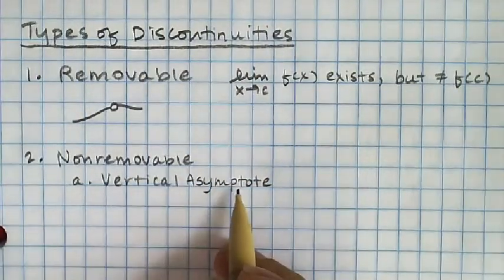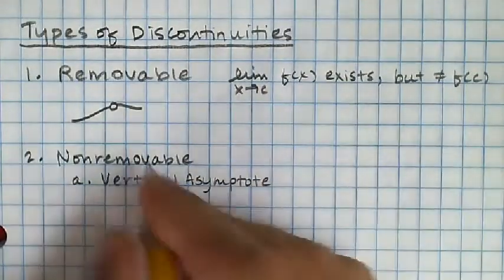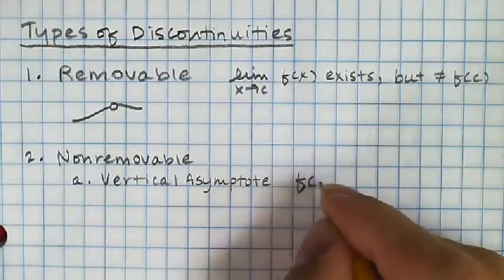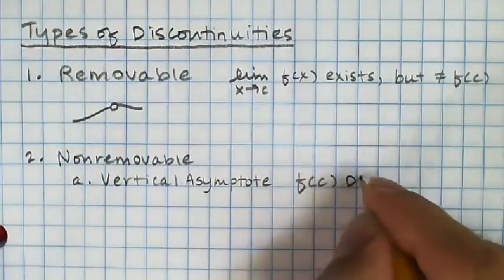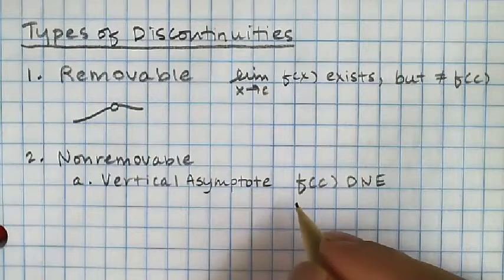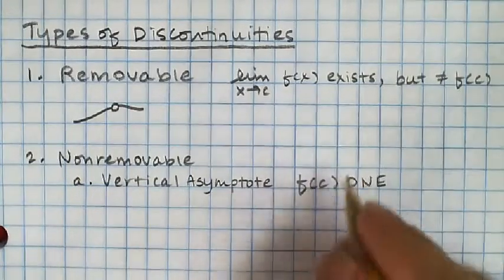Sometimes called an infinite discontinuity. Okay, and you know what that looks like. This would be where f of c doesn't exist, and the limit of f as x approaches c doesn't exist. Okay, we need them to both exist and be equal in order for the function to be continuous.